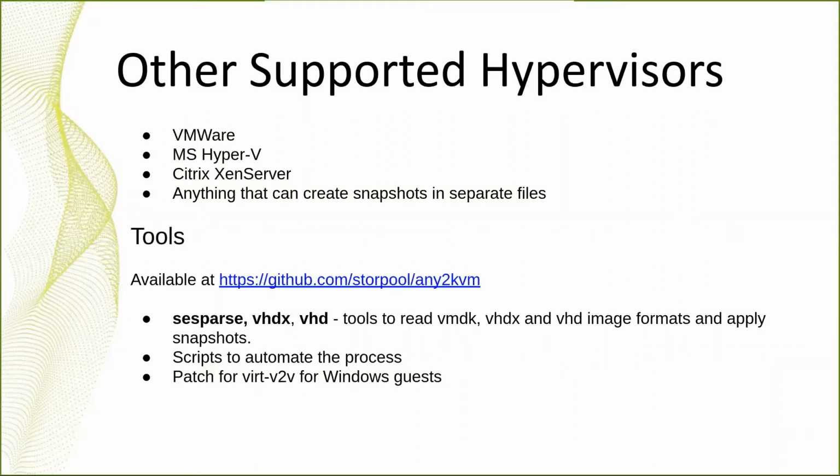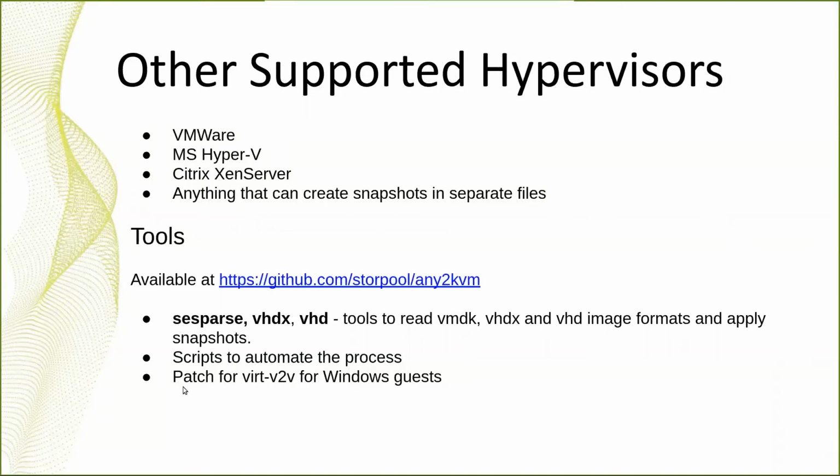The tools that we used and that are available for the other types of hypervisors are available on our GitHub repo. So you can find there sysparse that we use today, but also VHDX and VHD2. These are tools for the respective image formats used by Hyper-V and Xen server.